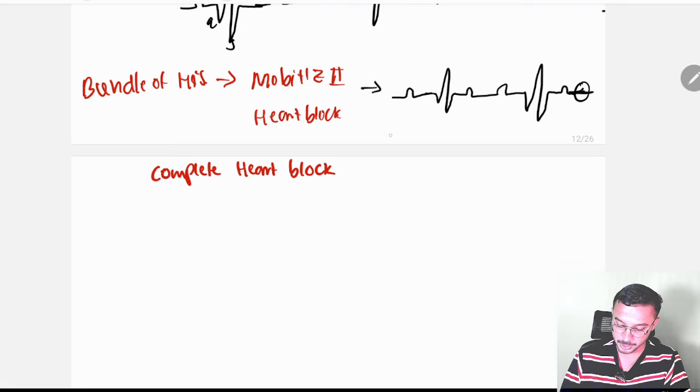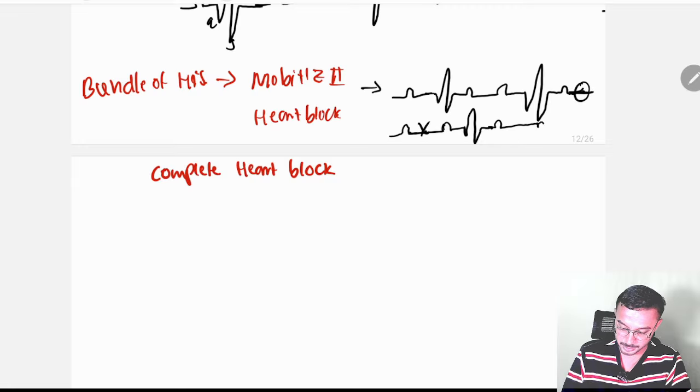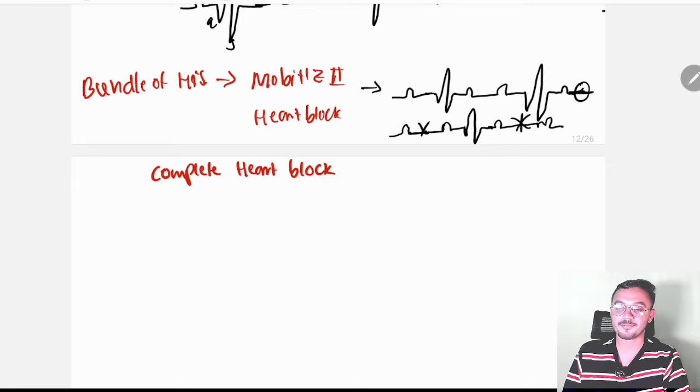Then P wave, QRS, absent QRS, and next P wave, QRS, and P wave, and absent QRS. So the QRS complex is absent. Why? The bundle of His is not functioning in this condition.